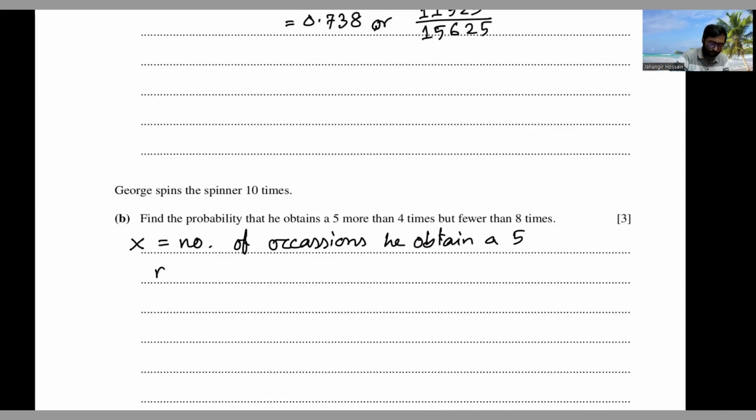In that case, the number of trials, the number of spins, is 10 and the probability of obtaining a 5 in each spin or each trial is 1 by 5.